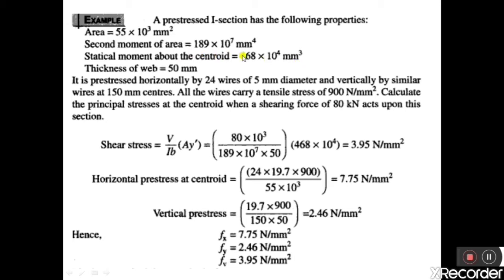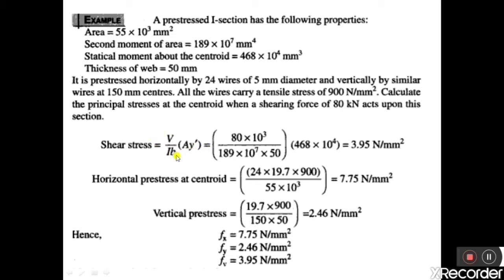So when this value is given, or when they ask us to calculate the shear stress at a certain distance above or below the centroidal axis, then we should use the formula V by I B into A Y bar, where A Y bar is the statical moment about the centroidal axis.